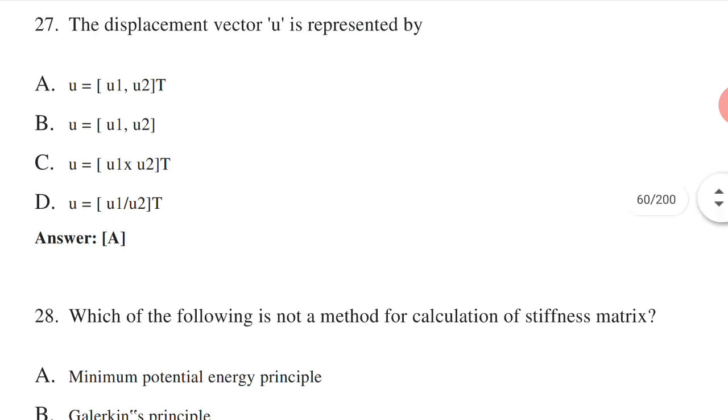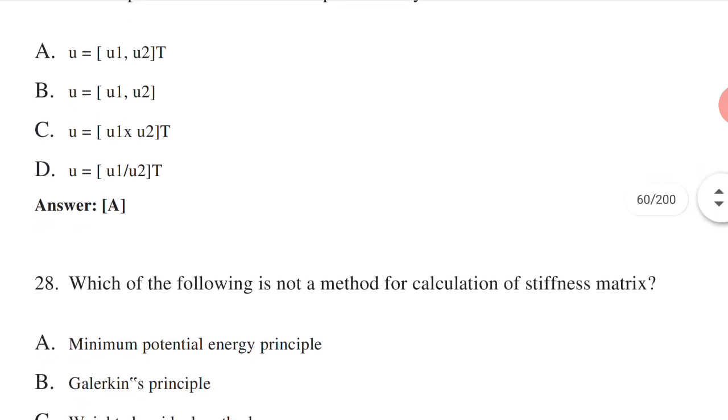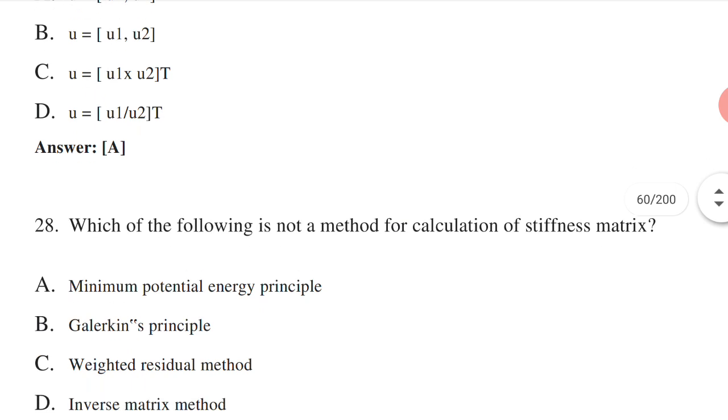Here we have many answers, but the correct answer is A, because it has u1 and u2, and the T indicates the transpose of this vector. So it is not a horizontal vector, it is a vertical vector, and it includes u1 and u2. So that answer is A.